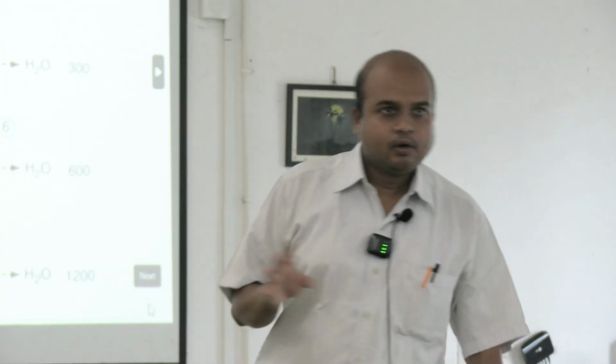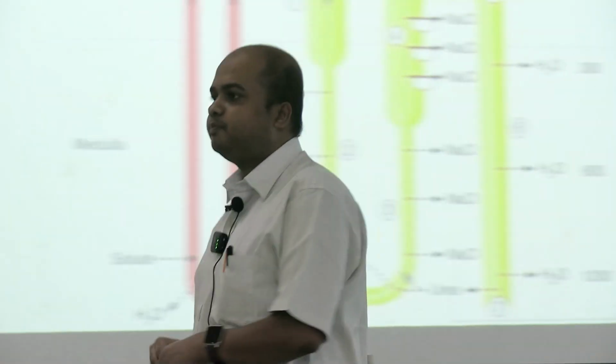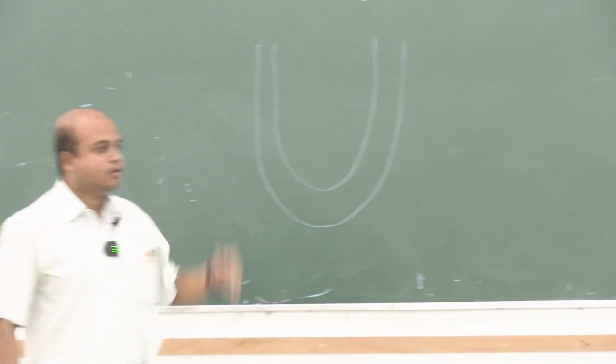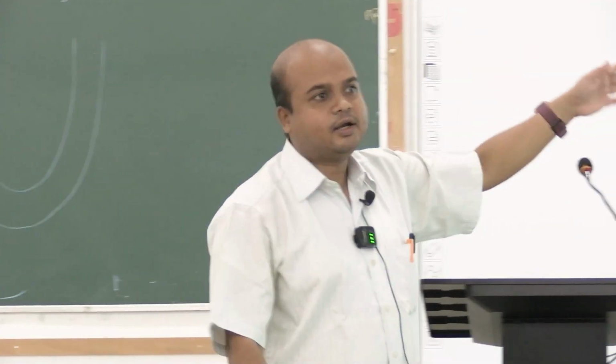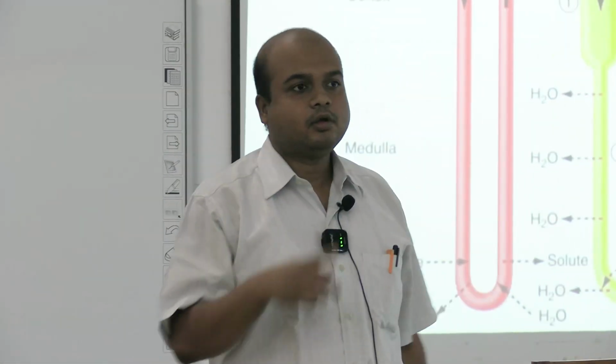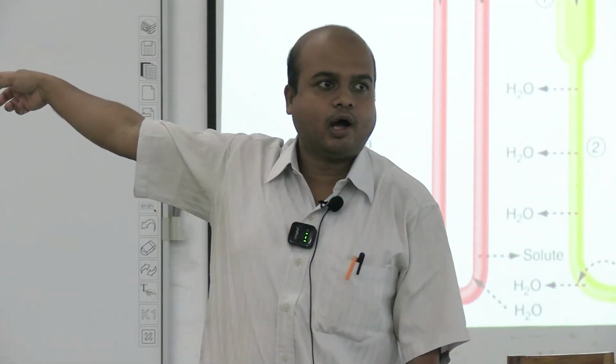So if there was no transport mechanism, what would happen? This is a very rough picture, as we have seen rough pictures in textbooks or on the internet. I have not made any one of them. They have shown just the tube. How should we draw it?